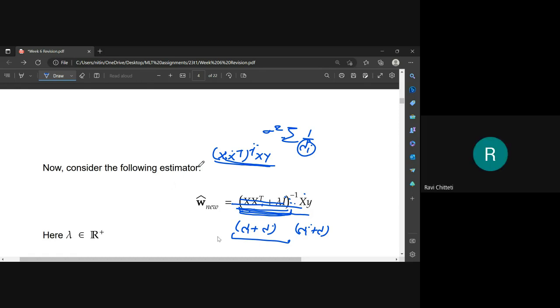Like when you ask me that, I'll say lambda i plus lambda in the denominator. But how do I know what that lambda should be? So that depends. Here this lambda is a hyperparameter, and how to choose it we do using cross validation techniques, and we will discuss how to choose the values of lambda.